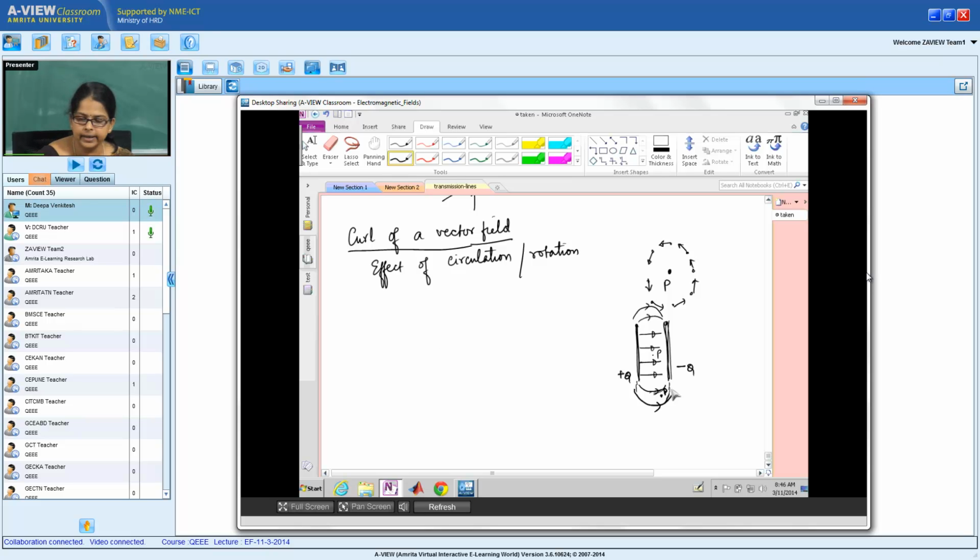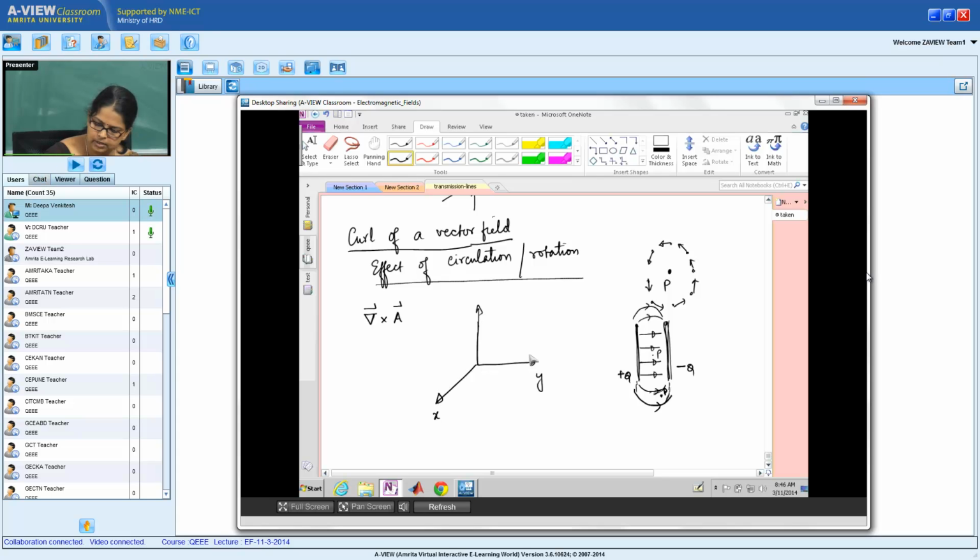Right? So what does curl tell you? It tells you the effect of circulation. A curl gets represented as del cross A. Now how do you formally define it?